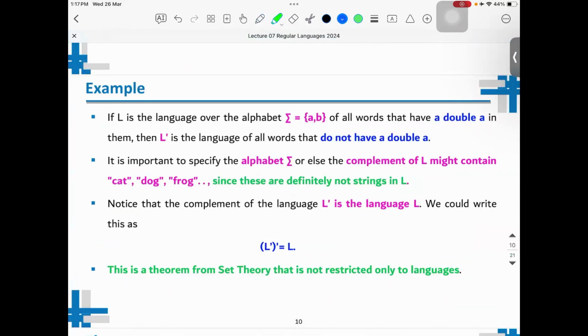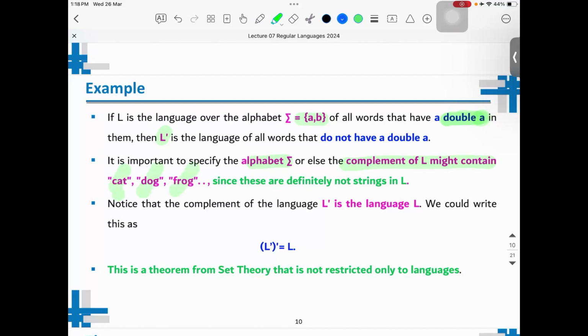For example, if L is a language over the alphabet A and B of all the words having double A in them, so L complement will be all the words that do not contain this double A. It is important to specify the alphabet, or else the complement of L might contain, for example, words like cat, dog, or frog.